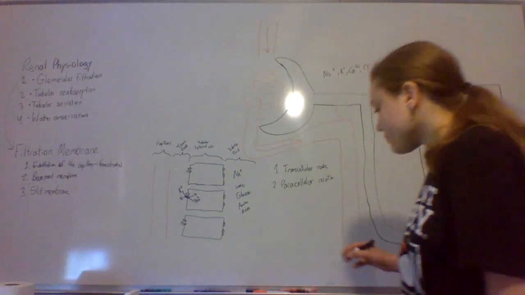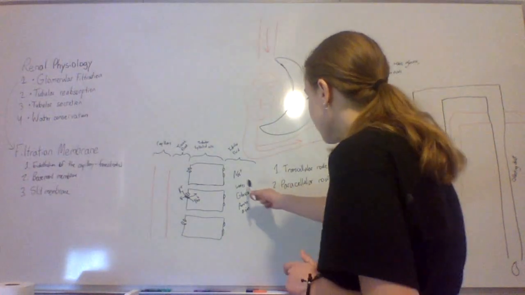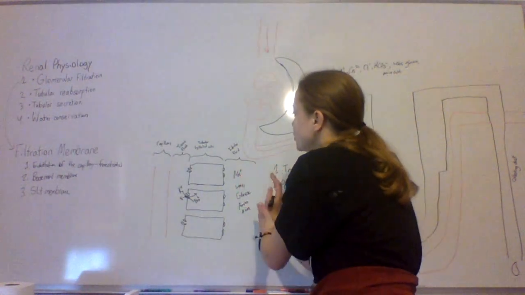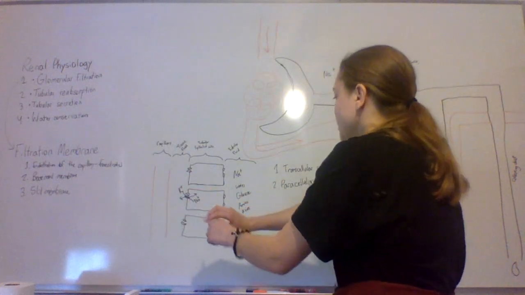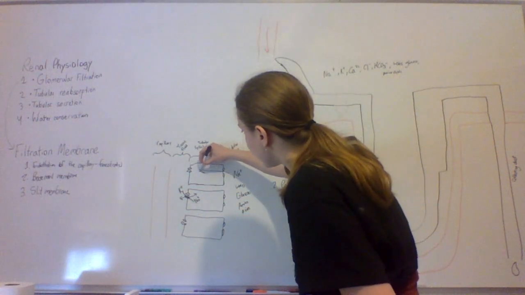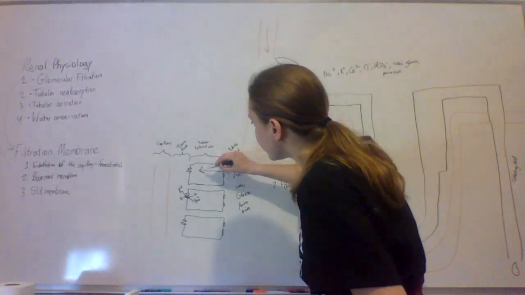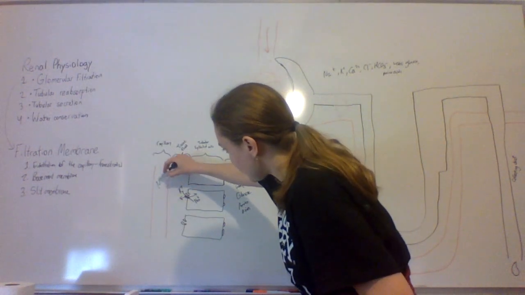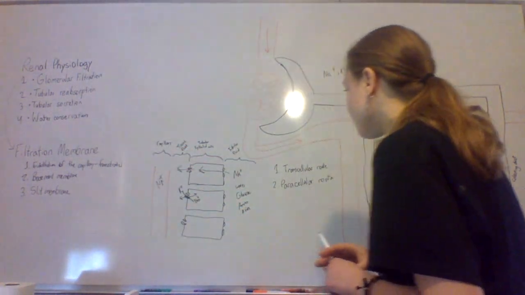Now, the Na plus is going to want to go from a high area of concentration to a low area of concentration. So it's going to flow this way. And these pumps right here ensure that Na plus keeps going out and back into the blood.